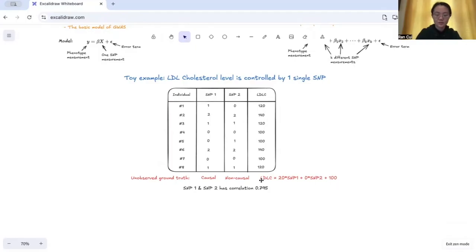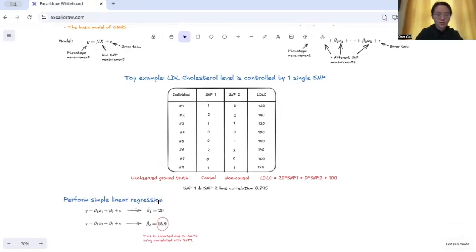So in fact, LDLC level is entirely determined by SNP1 with an effect size of 20, and SNP2 contributes 0. But the funny thing is that SNP1 and SNP2 have a correlation of 0.795, which is pretty high in terms of correlations.